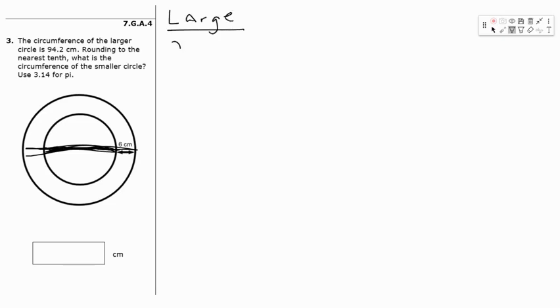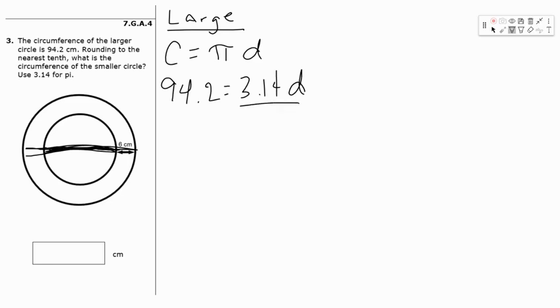we know the circumference is pi times the diameter. So putting in the information we have, 94.2 equals 3.14 times the diameter. To solve for the diameter, divide both sides by 3.14.